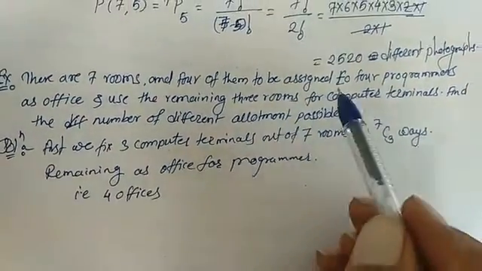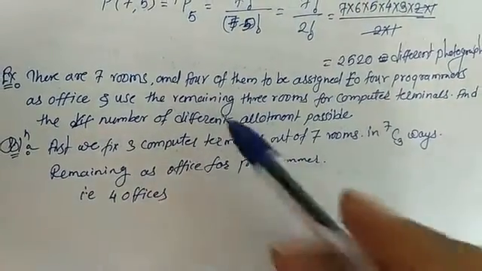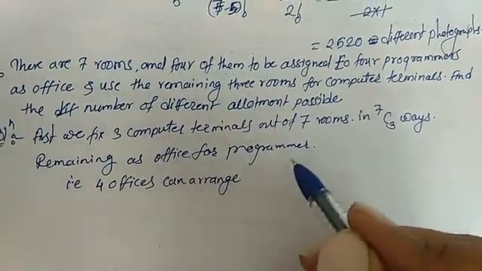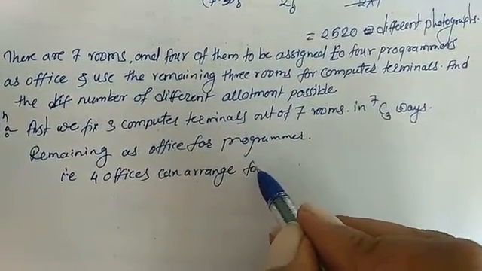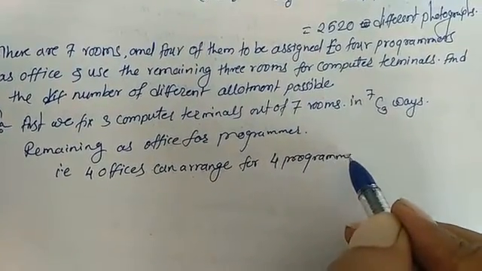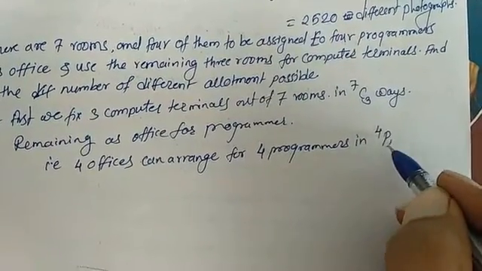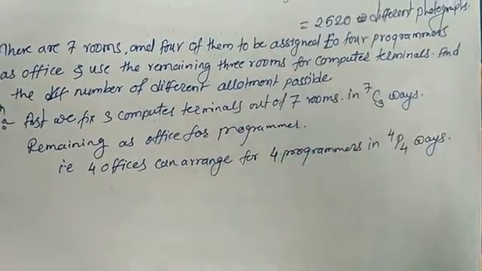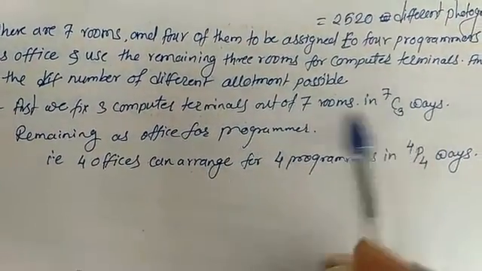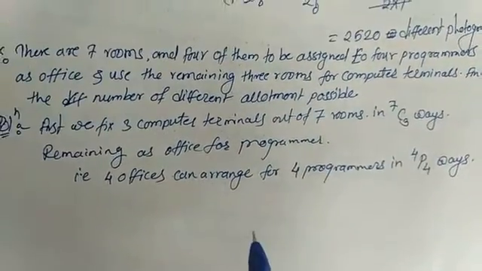In the question it is given that there are 4 programmers, so the 4 offices can be arranged for 4 programmers in 4P4 ways, because we have fixed 3 computer terminals in 3 rooms, so there are 4 remaining rooms, and we have 4 programmers, so it will be 4P4 ways.